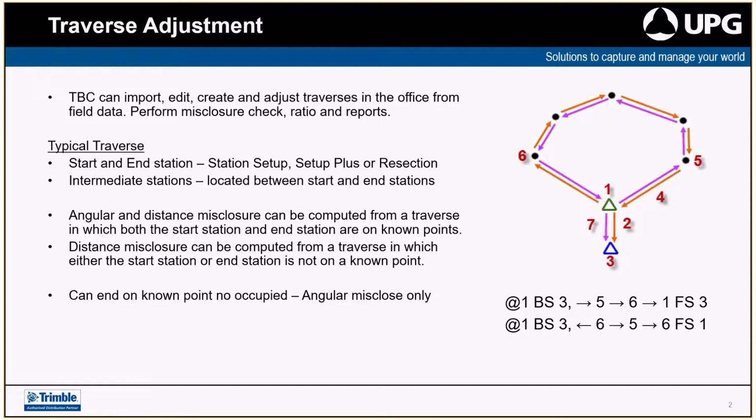The way it looks at the intermediate stations, there are all the others that are related to it, and you can be linked in and have an intermediate station and then connect to an end station, but that'll be where you'll be able to calculate your distance misclose. If you, for instance, end on a known point that's not occupied, you'll only be able to get an angular misclose.